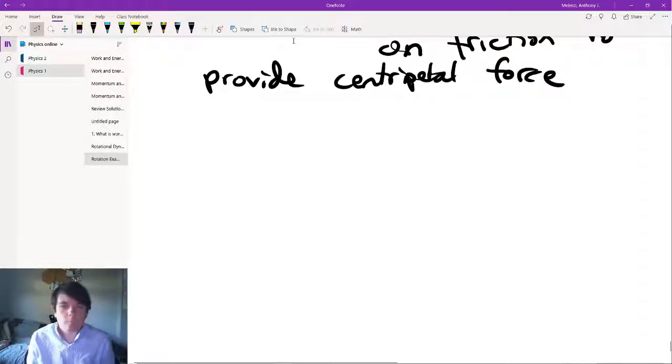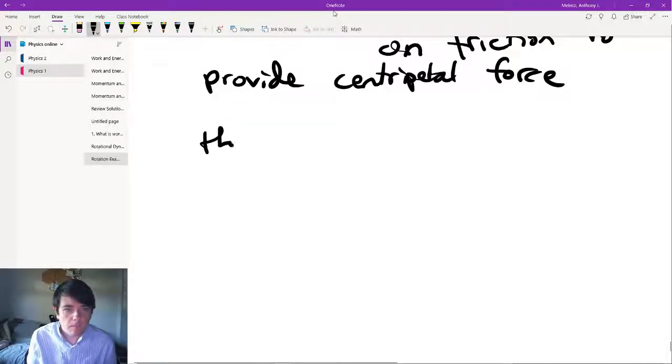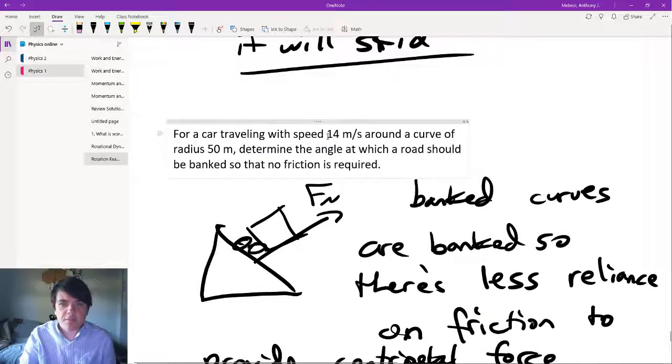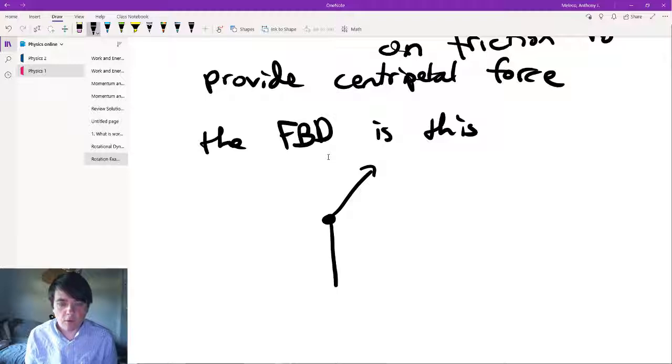So the free body diagram for something like this, because we want to know, for a car traveling 14 meters per second around a curve with this radius, determine the angle at which the road should be banked so that no friction is required. So we're assuming that there's no friction at all needed. So our free body diagram would be this.